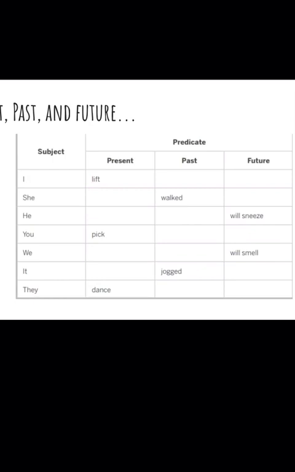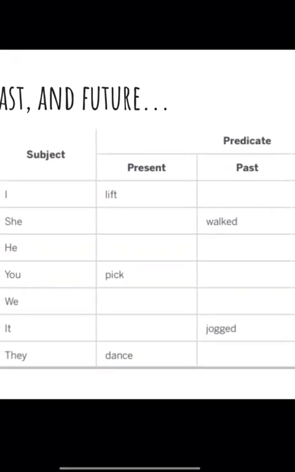For example, they already gave us the word, so you're going to want to come up with the past, future, or present word. Okay, for example, lift is your first word. That is something that's happening in the present. See how it's under present? Lift. How would we make lift past tense?